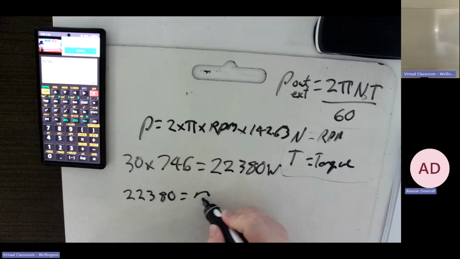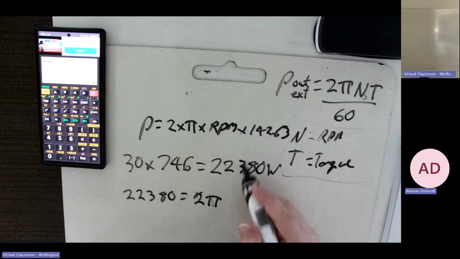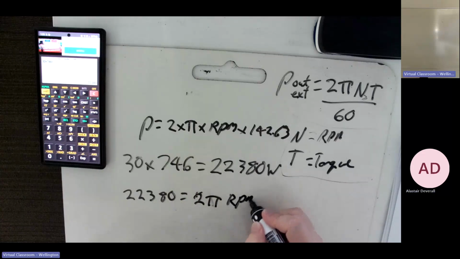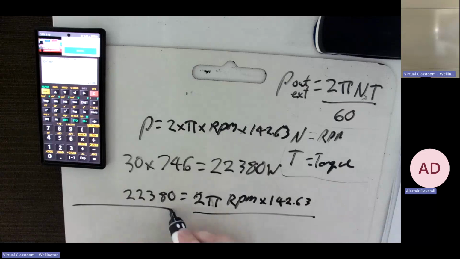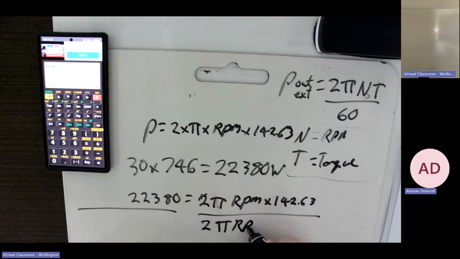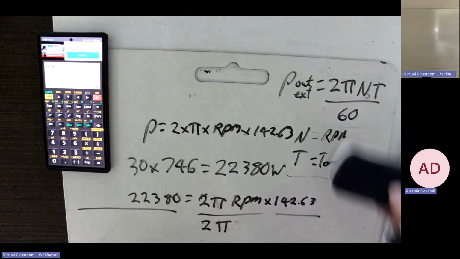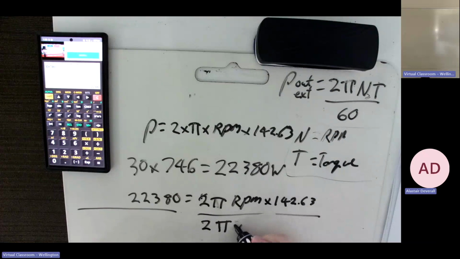So now we've got 22380 equals 2 pi RPM times 142.63. We now have to divide both sides by 2 pi RPM. Oh, wait, not RPM. That's what we're trying to work out. 2 pi times 142.63. We have to do the same to both sides.